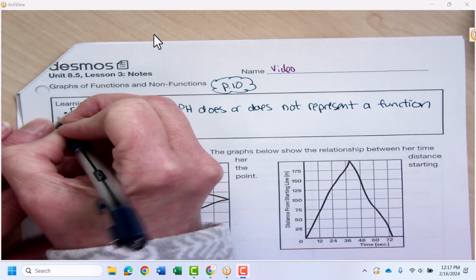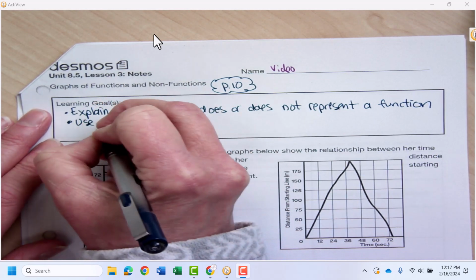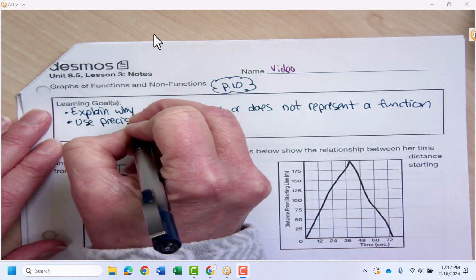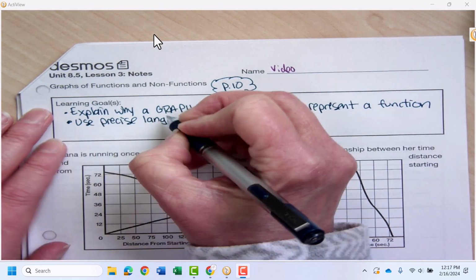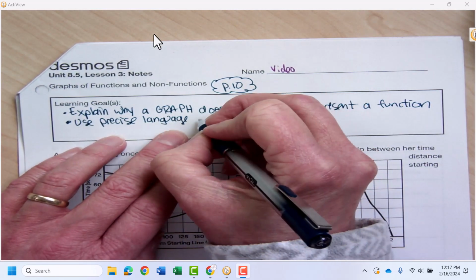And the second one is to use precise language. Start talking like mathematicians. Use precise language to describe functions.